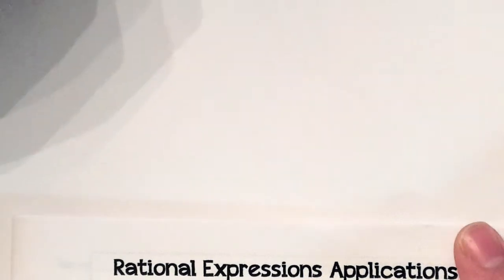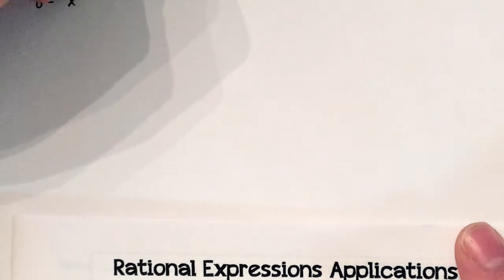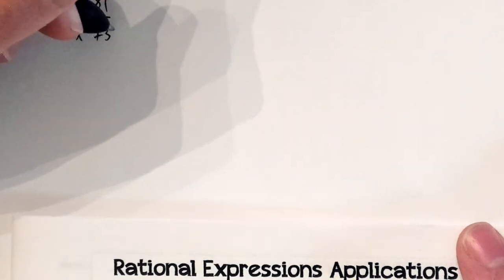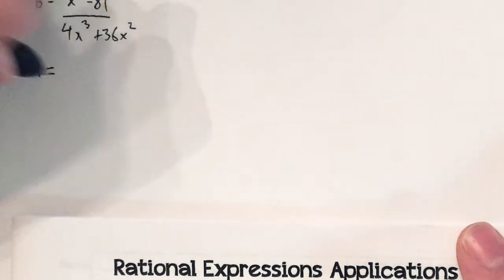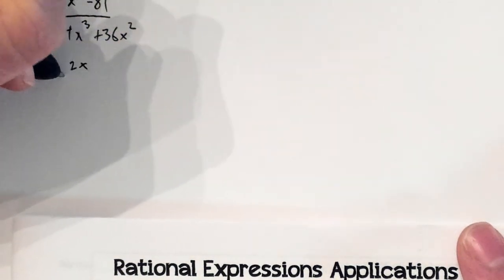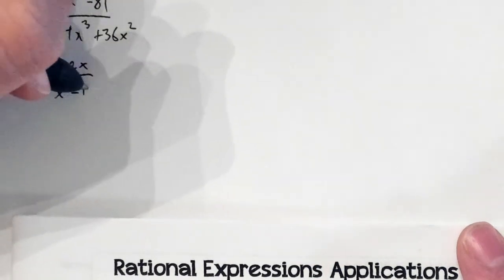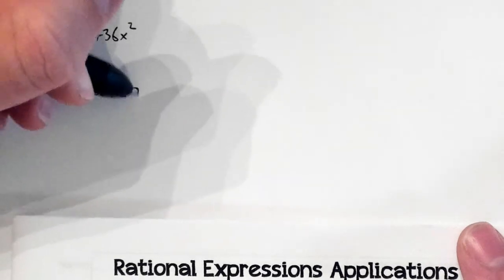For question number 1, it wants the area. That's the question mark. We have the base, which is x squared minus 81 over 4x cubed plus 36x squared, and then your height is 2x over x squared minus 12x plus 27.